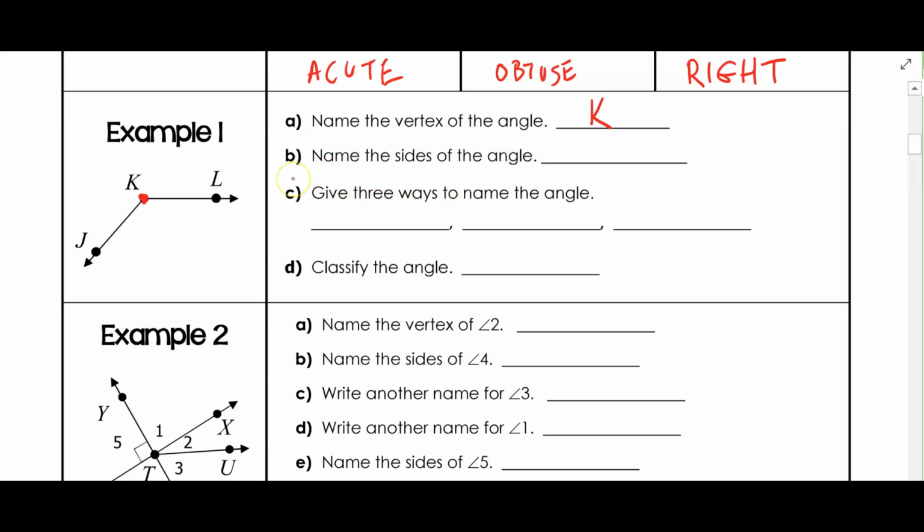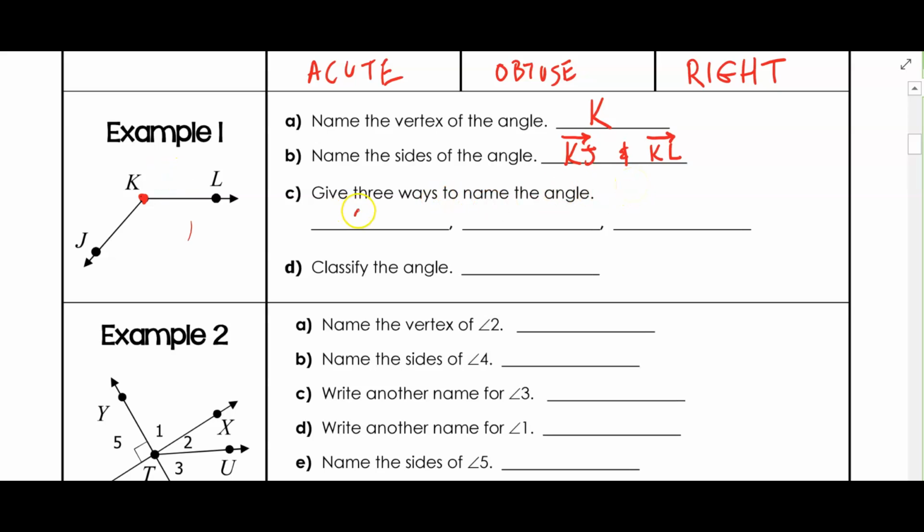The sides are the rays. So we have ray KJ. You have to put the symbol, and typically the convention is to write that ray going to the right no matter how it looks in the picture. And ray KL.